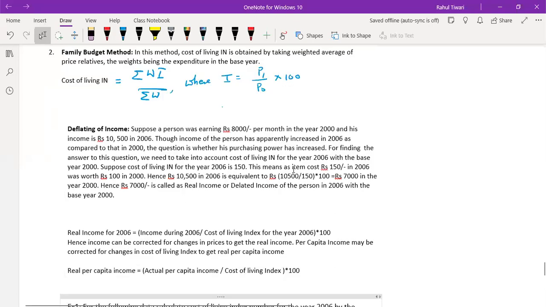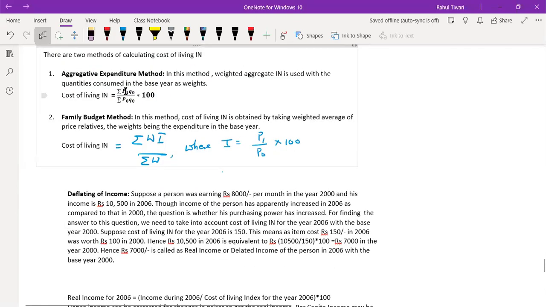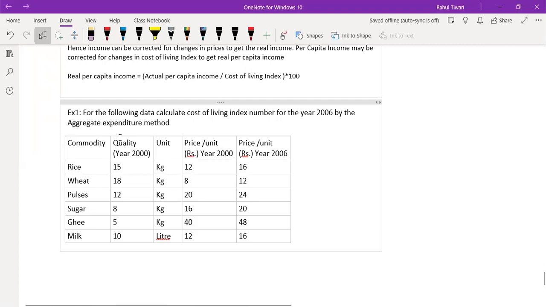You remember the formula? Summation P1 Q0 divided by summation P0 Q0, multiplied by 100. This is the quantity Q0, because 2000 is your base year. So this is Q0, this is P0, and this is P1.